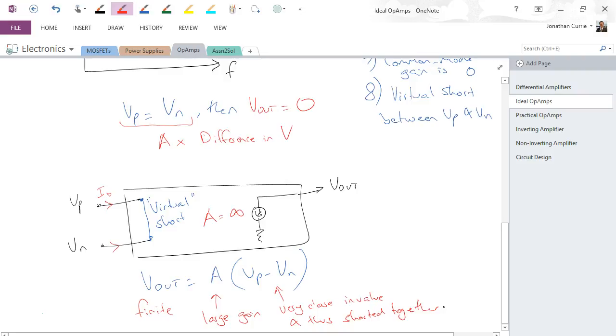Alright, so one approximation we can make is that the voltage Vp must always equal the voltage Vn. Alright, that helps in our analysis of working out the gain of a particular operational amplifier circuit. It's virtual because it is not there in reality. It is not there in reality, but it is an approximation that we can use.